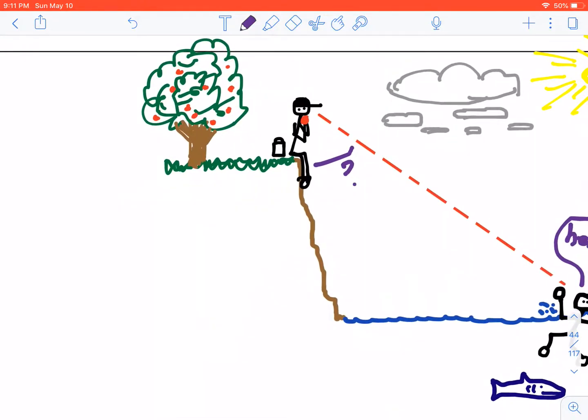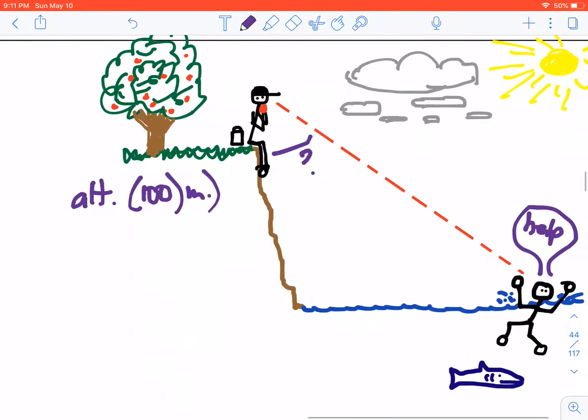All right. You look at your watch, you notice that your altitude is 100 meters. How convenient. You also know that based upon the sound travel from that person out in the ocean, from when their lips moved and the sound reached your ear, that they are exactly 200 meters.